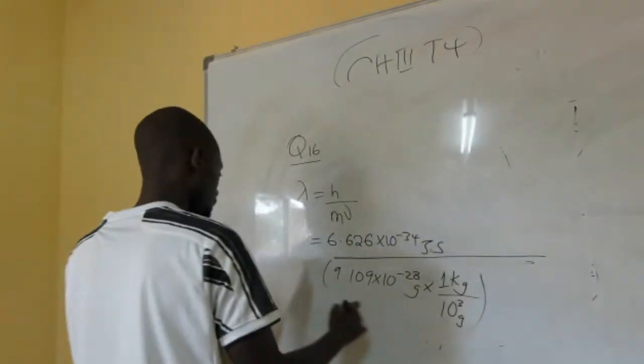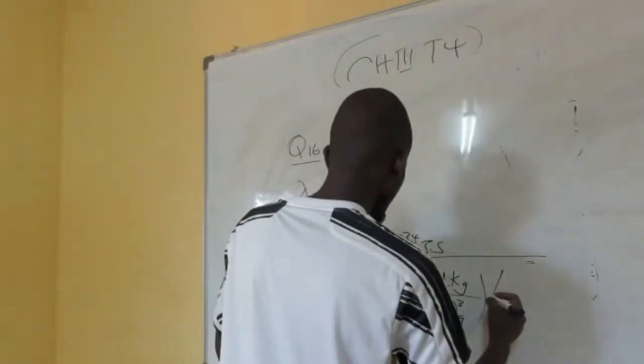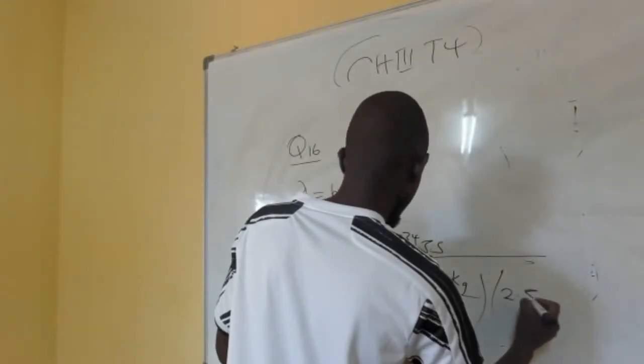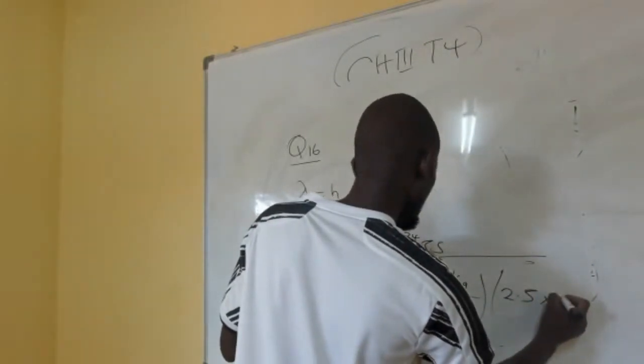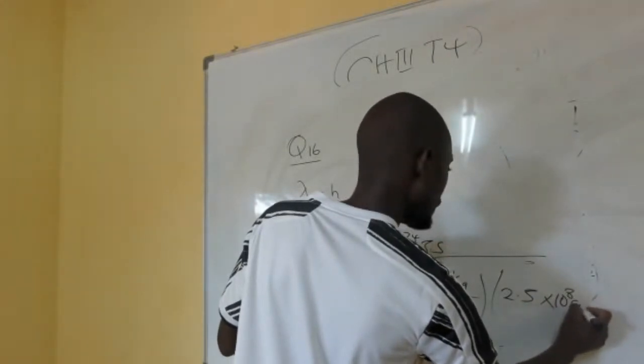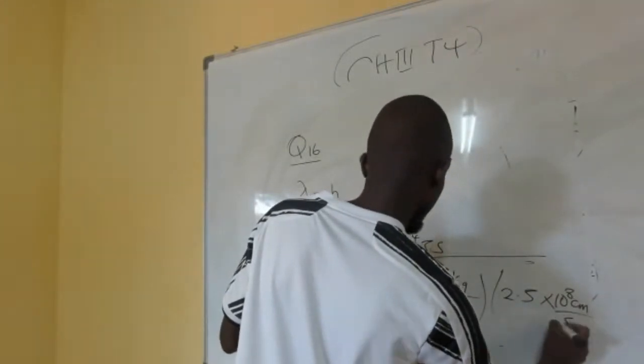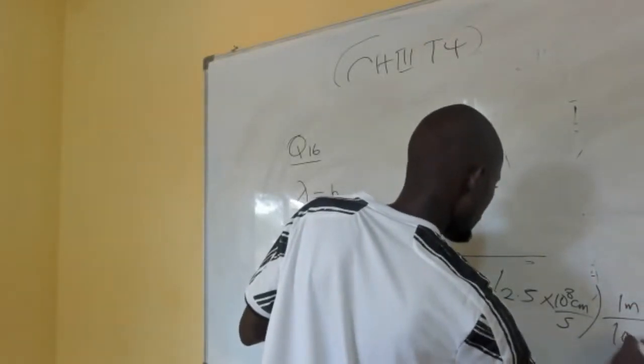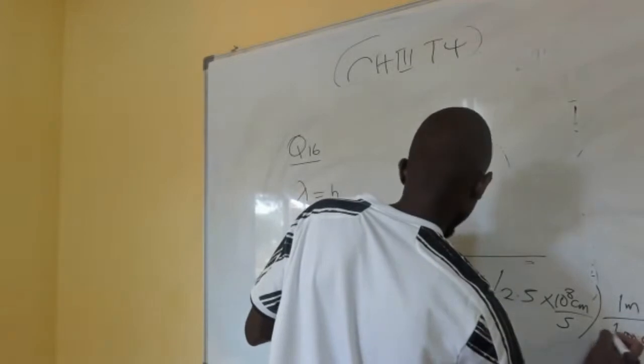These are conversions because we're only interested in the wavelength. Times 2.5 times 10 to the power 8 centimeter per second, times 1 m over 100 centimeter.